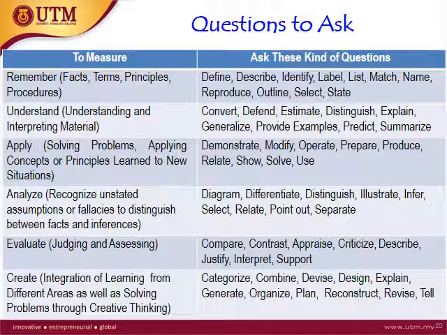Same goes if we want to measure create, which is the integration of learning from different areas as well as solving problems through creative thinking. So asking students to categorize, to devise, to design, to generate, to plan, those are all the appropriate verbs that you can use in creating the questions.